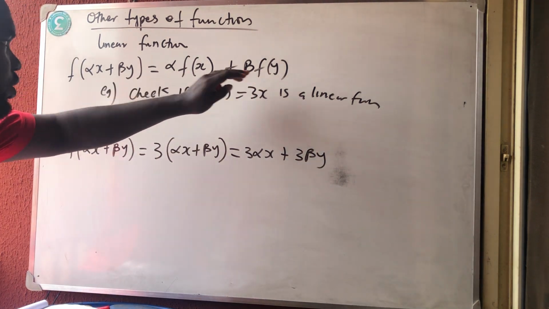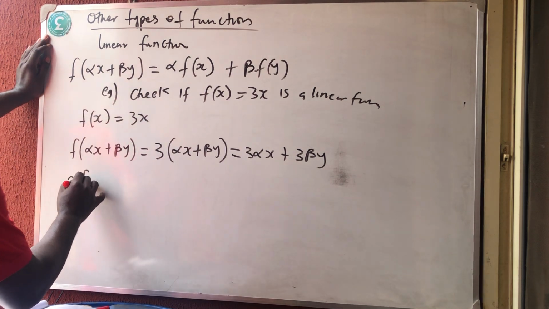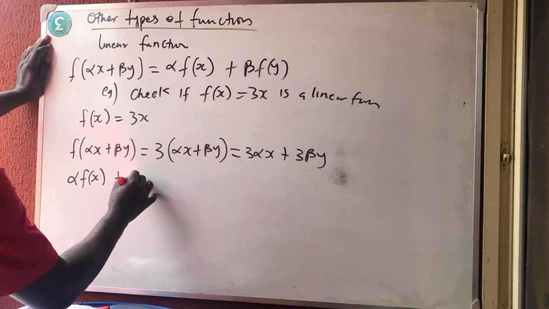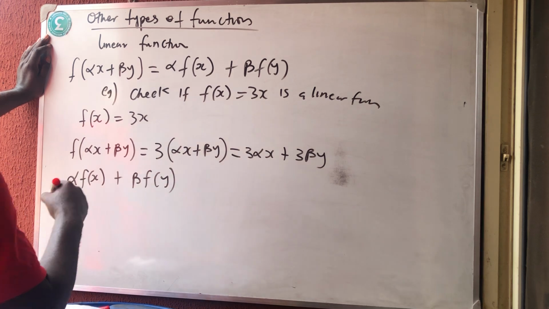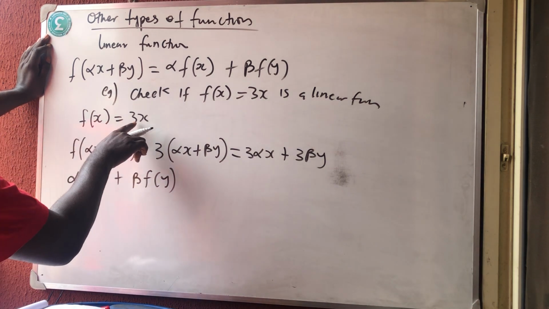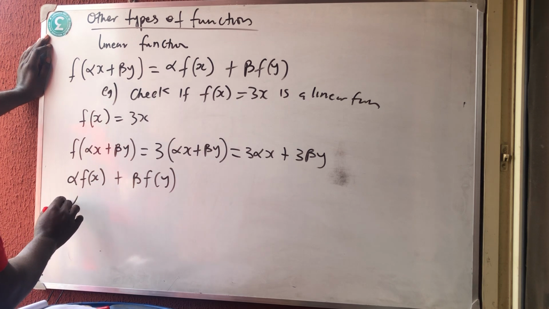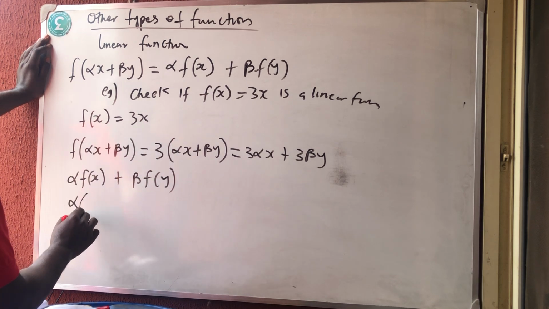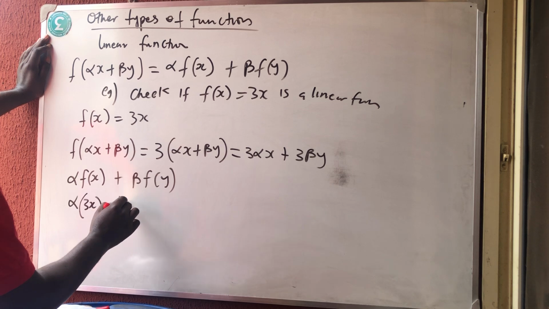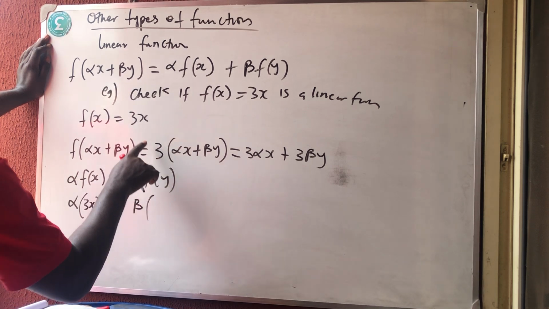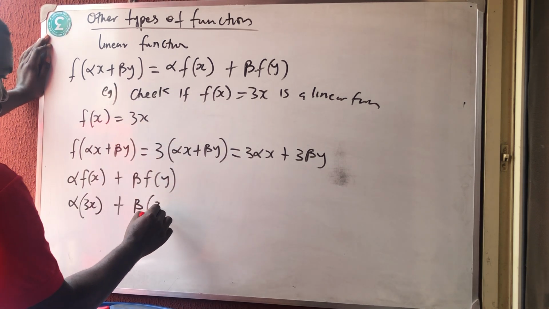So now let us check alpha f of x plus beta f of y. Alpha f of x is already 3x, plus beta f of y will be, anywhere you see x, put y, 3y.